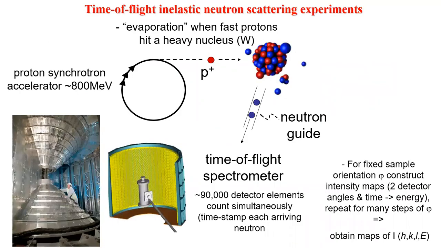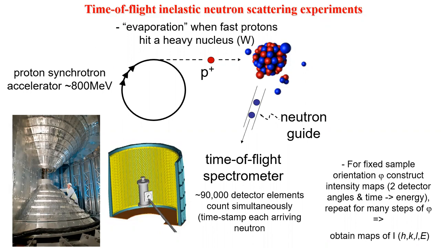So we look at the neutron spectrum using time of flight neutron scattering. At ISIS, protons are accelerated very close to the speed of light, and then the proton beam is directed to the target, and every proton excites a nucleus and emits out about 20 neutrons. These are then guided towards spectrometers.